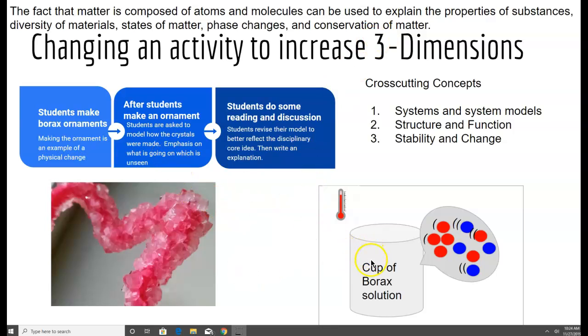The modeling part is the science and engineering practice of developing and using models. So students have models similar to this. Notice that we use a little bit of a call out because this indicates that we took this tiny little spot here on that cup of borax solution and we've made it bigger. We've magnified it.